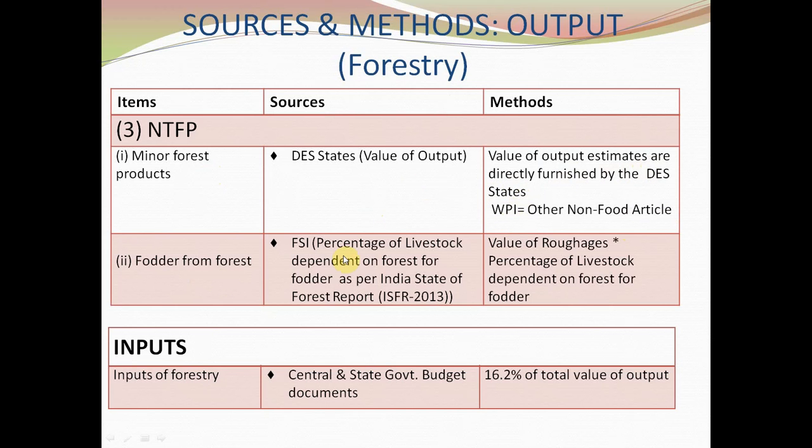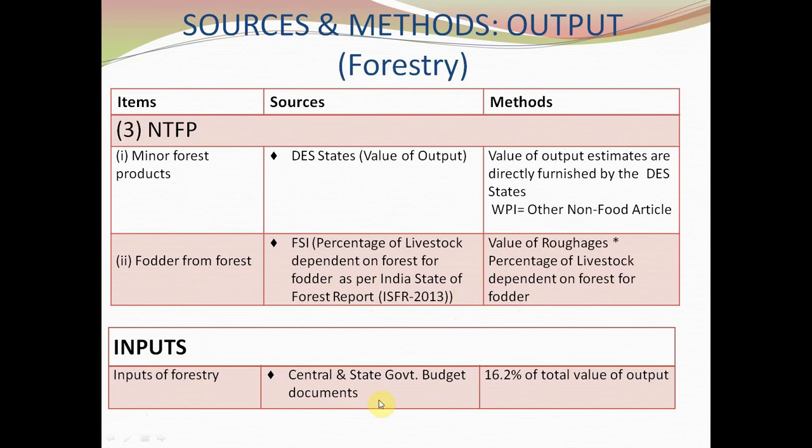For fodder from forest, Forest Survey of India (FSI) is providing percentage of livestock dependent on forest and fodder as per India State of Forest Report ISFR for 2013, and calculation method is value of roughage multiplied by percentage of livestock dependent on forest for fodder.